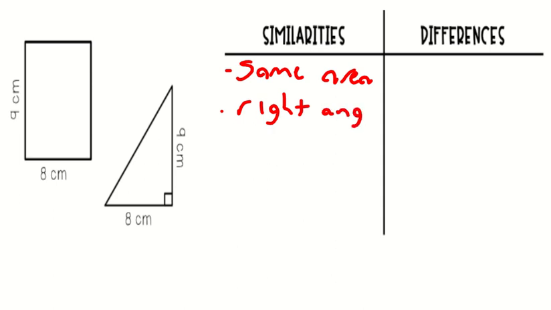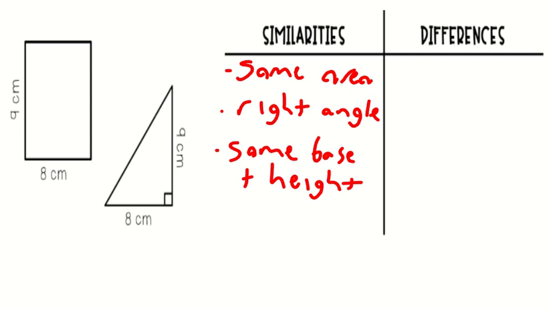We got a right angle. Anything else? Both are the same base and the same height. Same base and height. We got anything else? No, that's what we're coming up with.